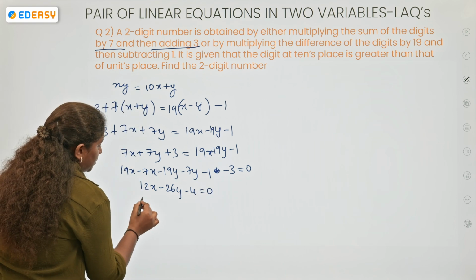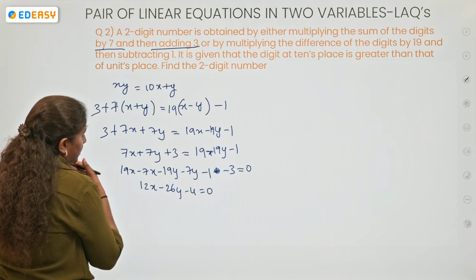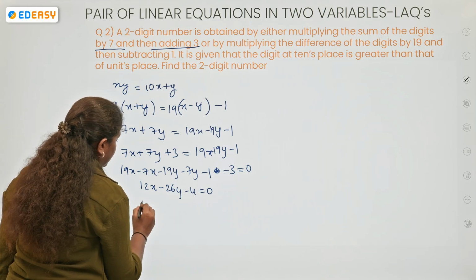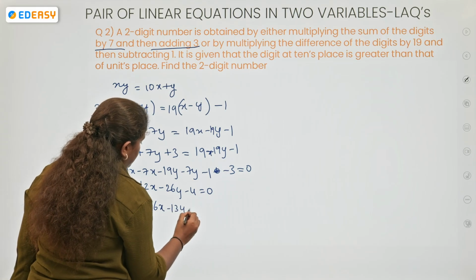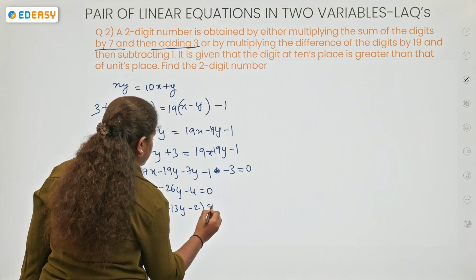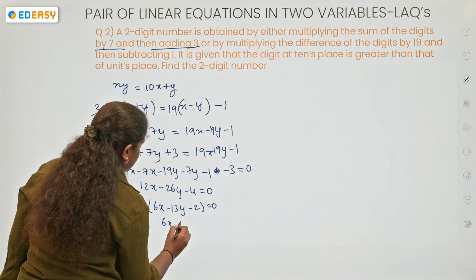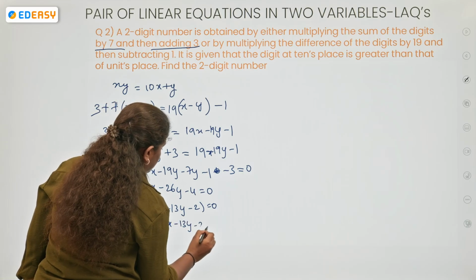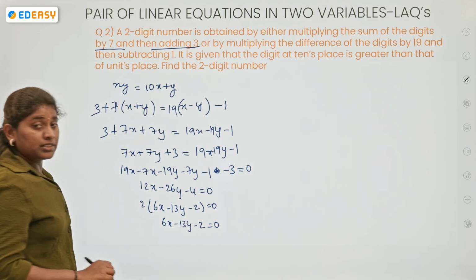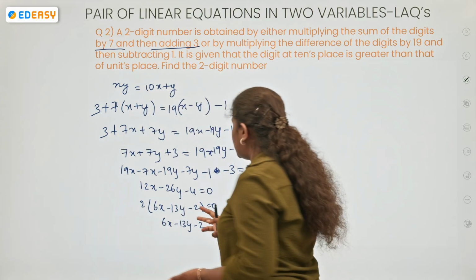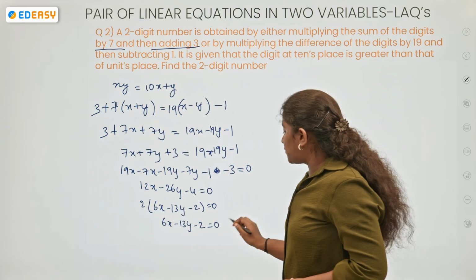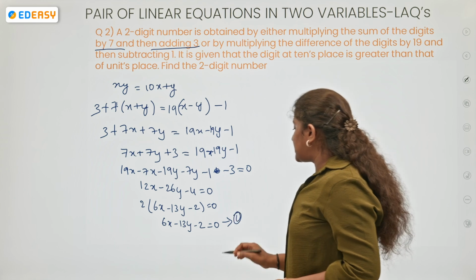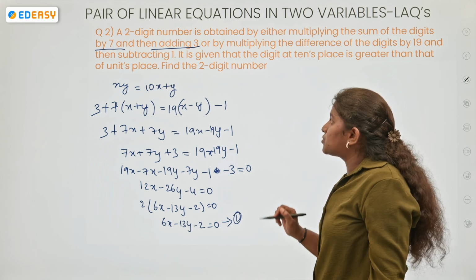Taking 2 common, you will get 6x minus 13y minus 2 equals 0. Clear? So on solving the given conditions, we got one of the equations as 6x minus 13y minus 2 equals 0.